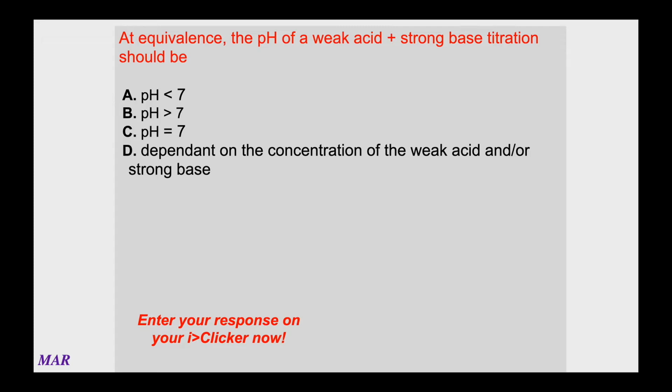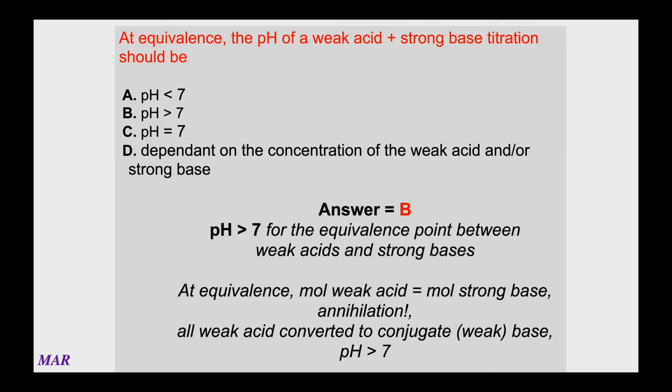But the weak acid creates its conjugate base. And a conjugate base is basic. That's what a base is, all right? And bases always have pHs greater than 7. So at equivalence for a weak acid plus strong base graph, your equivalence point should be basic.